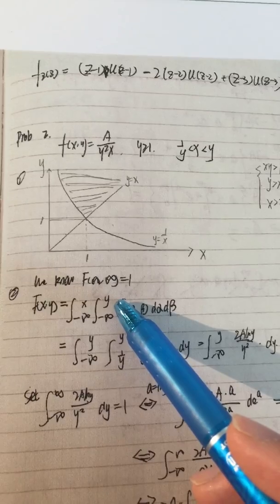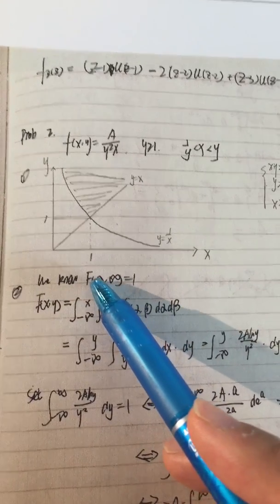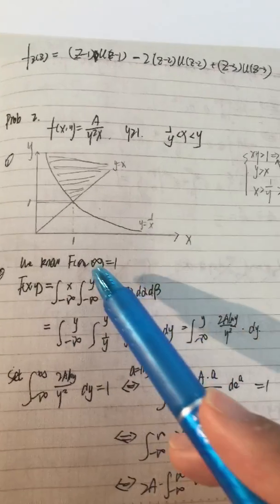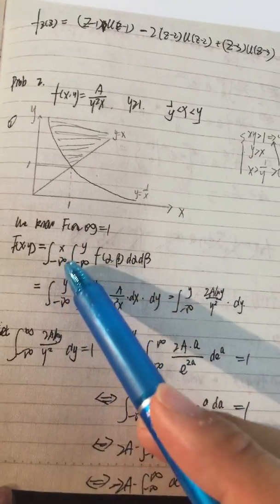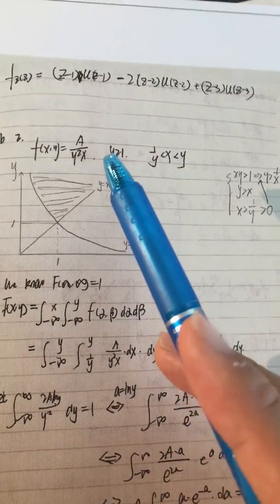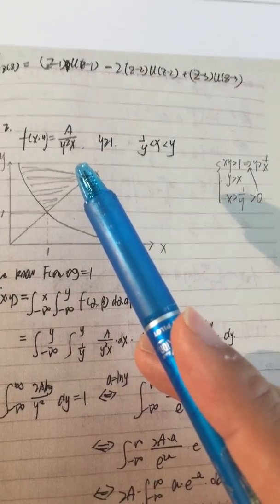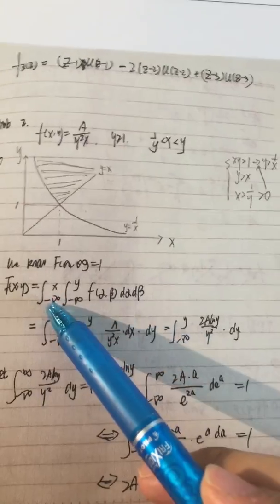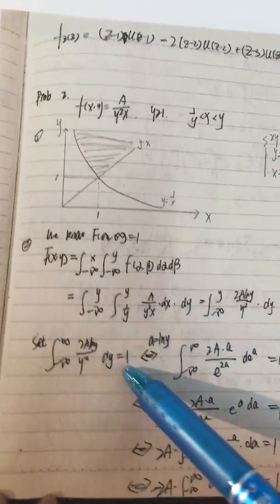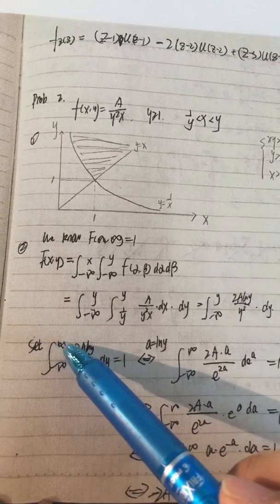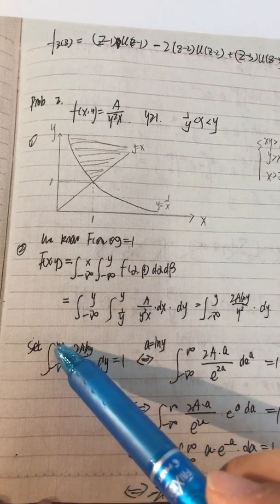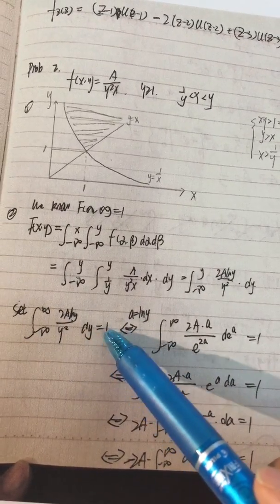According to the property, the integral of the density over infinity and infinity should be equal to 1. So we insert the density function into this distribution function, and let the integral of fxy from minus infinity to infinity be equal to 1.